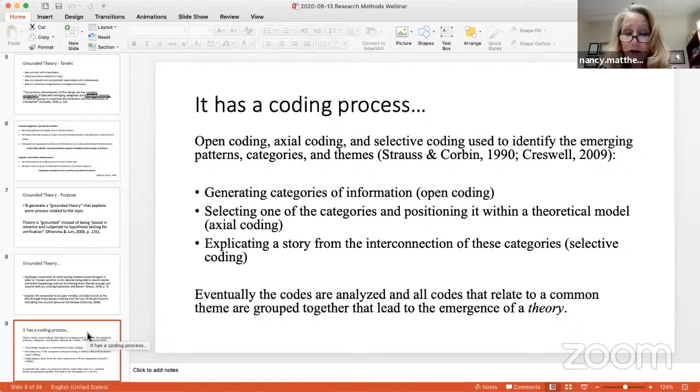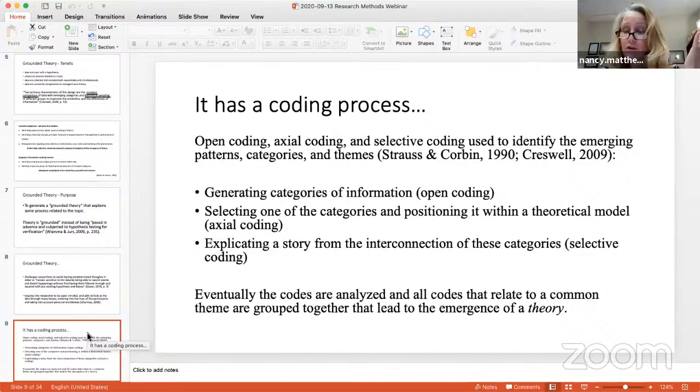Now, simply put, if we were to go through that process, it would mean looking at words and phrases. They would emerge and you would highlight an issue of importance. Those words or phrases would be noted using a short cipher phrase or code, as it's called.